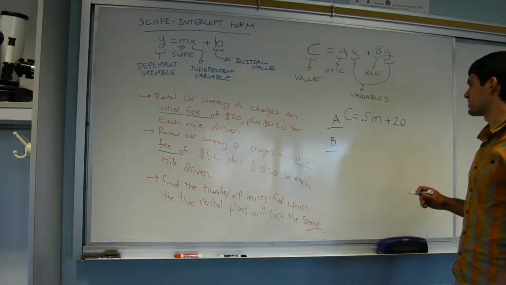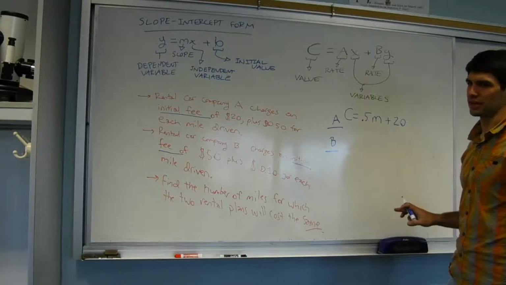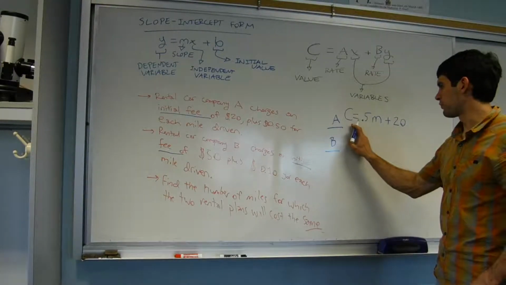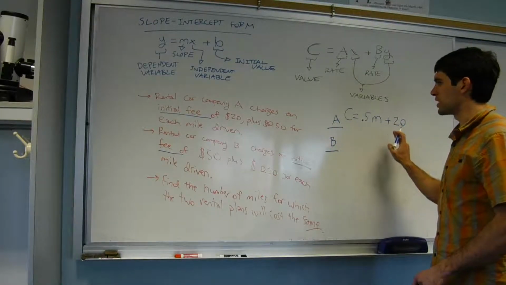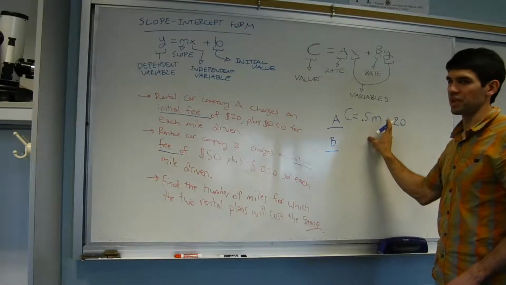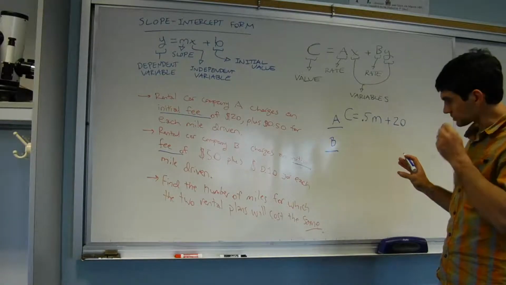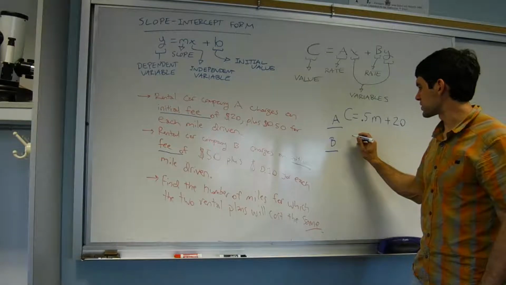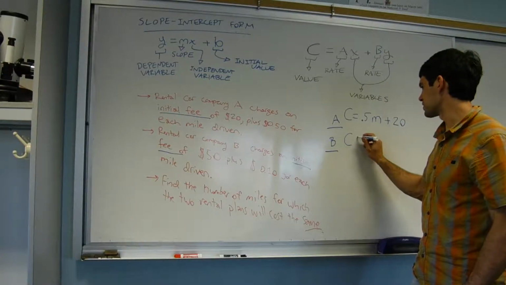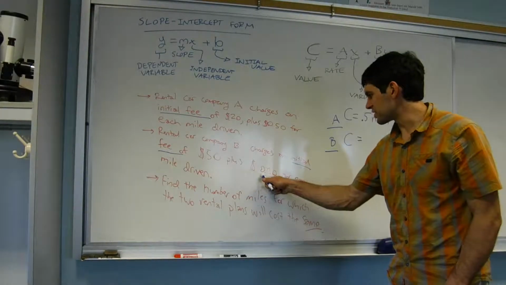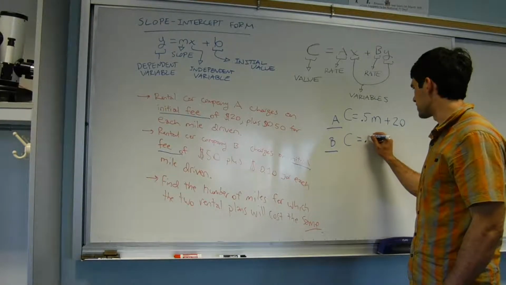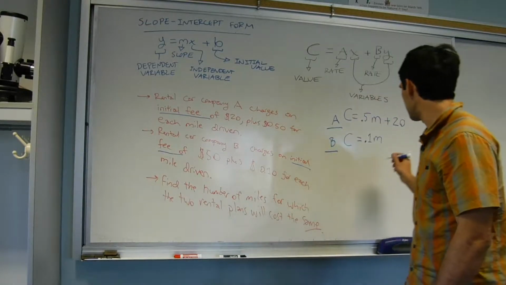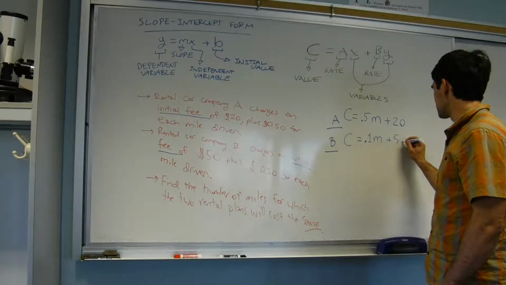If he drives, say, 10 miles, we would plug a 10 in here, and it would be $25, and so on. Hopefully it's clear how this equation represents the real-life scenario. For car company B, we'll use the same process. We're still looking at the cost. Our rate this time is 10 cents per mile driven, but we have a larger initial fee of $50.